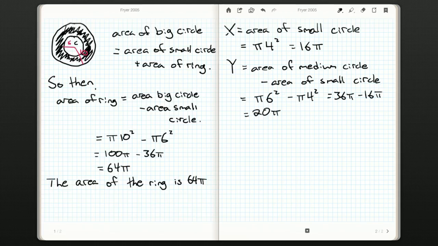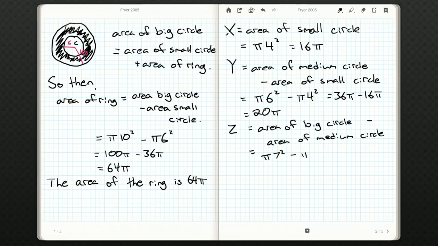Okay. And finally, Z. That's the area of the big circle minus the area of the medium circle. So the big circle had radius 7.